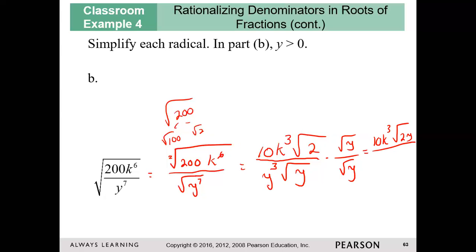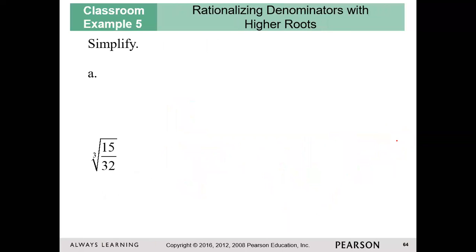Well, you already have 3 y's down here. So now this is going to be y to the 4th, because remember, this turns into just a y, and then you have y to the 3rd times y to the 1st. When you're multiplying like bases, you add the exponents. There's those pesky exponent rules coming back again. Just when we thought we were safe from those exponent rules, they come right back.